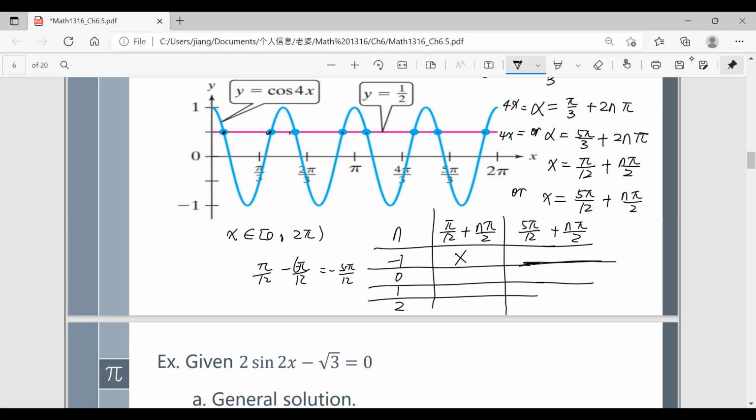This is a negative number, and x is not in the domain 0 to 2 pi, so I can't choose the first one. How about the second one? If I plug in -1 in this expression, 5 pi over 12 minus pi over 2, that's still a negative number, so I can't choose this one. How about 0? If I choose 0, I get pi over 12 for the first, and 5 pi over 12 for the second.